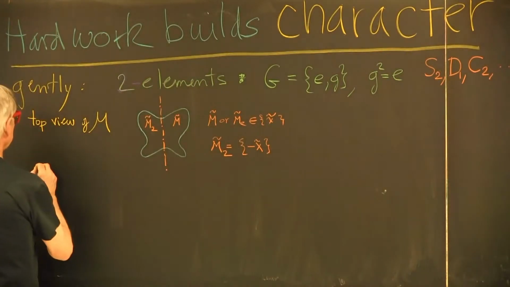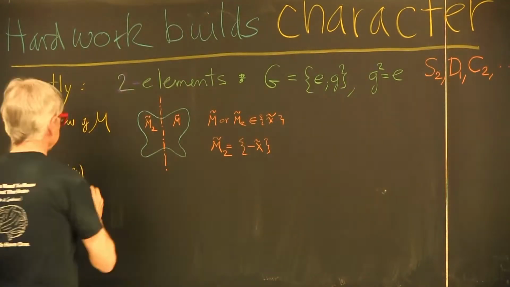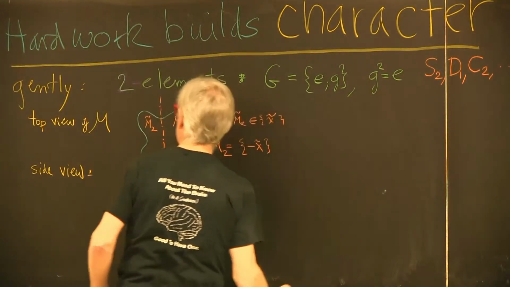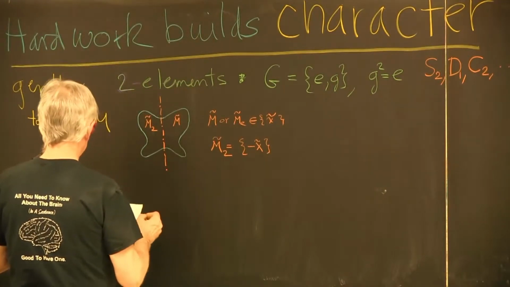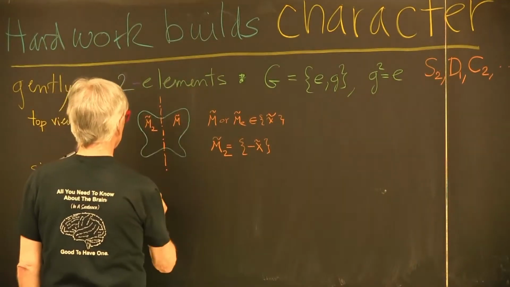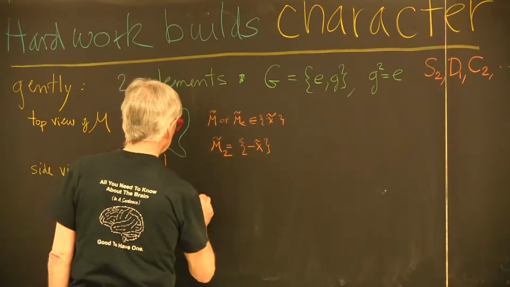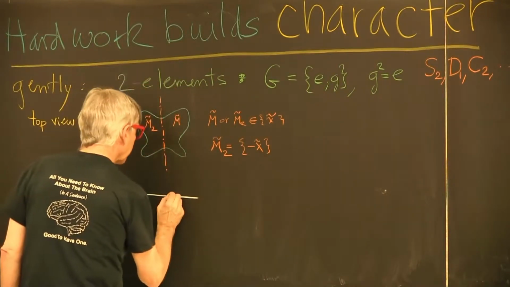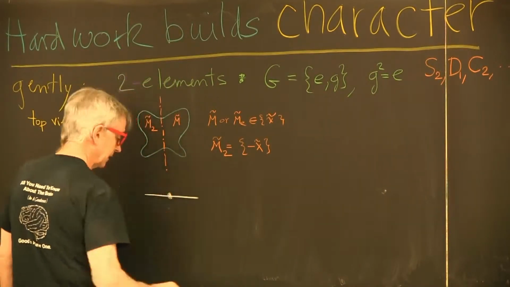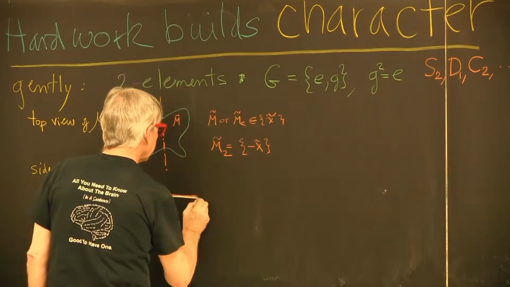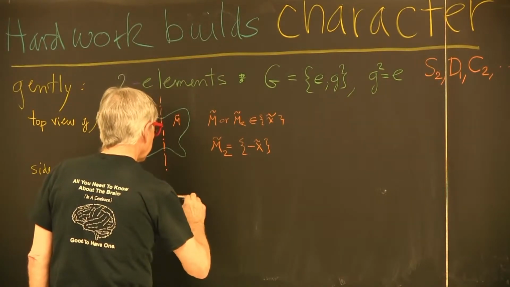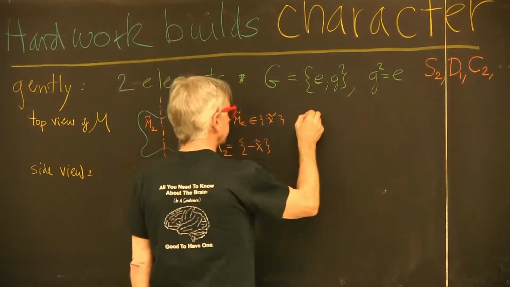Let's have a side view. In side view, we are looking at it from the side, so it might have lots of dimensions, but we represent it just as a line. And half of the line will be called the fundamental domain.